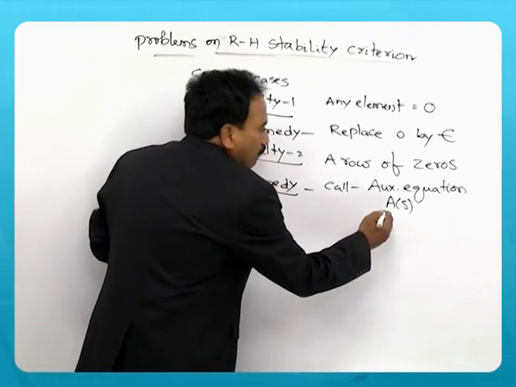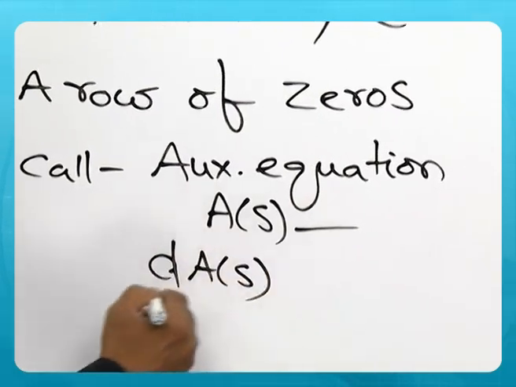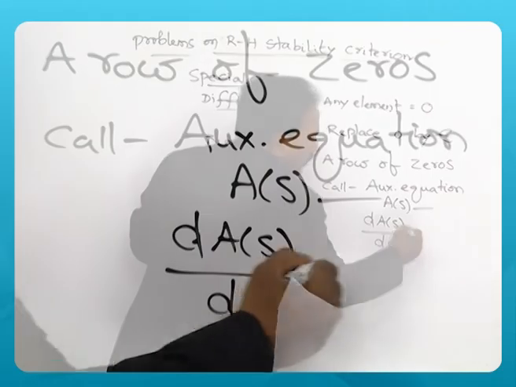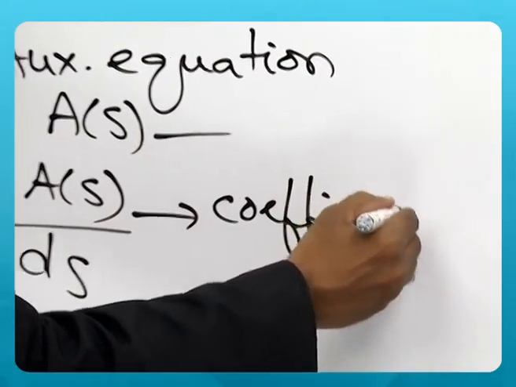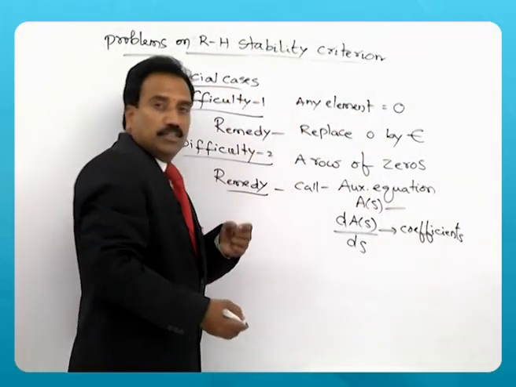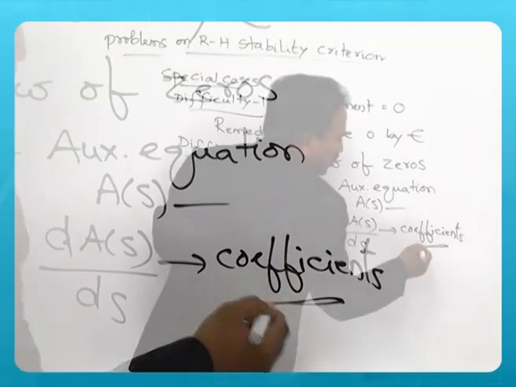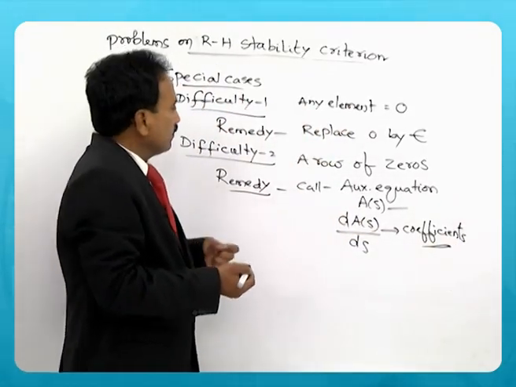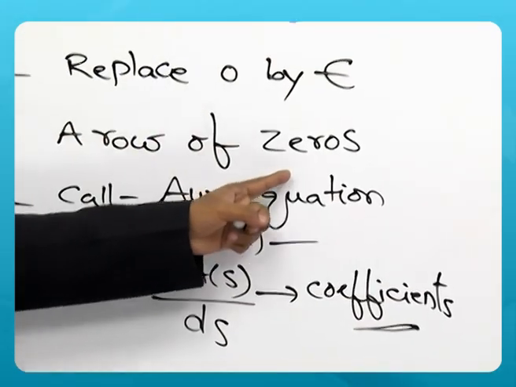Now, once you get A of S, you differentiate this with respect to S. The coefficients of the differentiated auxiliary equation, dA of S by dS, must be placed in the zeros.